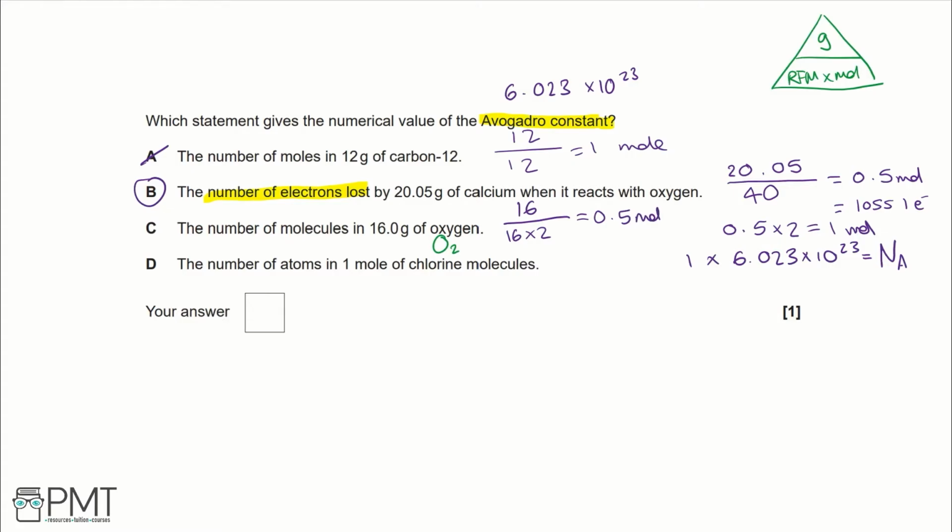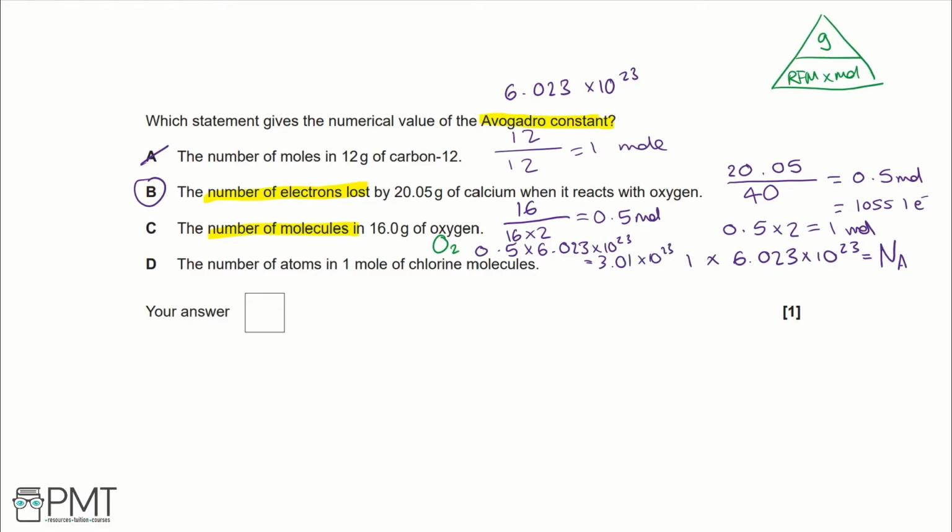And we want the number of molecules in this question, so we need to multiply by Avogadro's constant. So 0.5 multiplied by 6.023 times 10 to the 23 is equal to 3.01 times 10 to the 23.